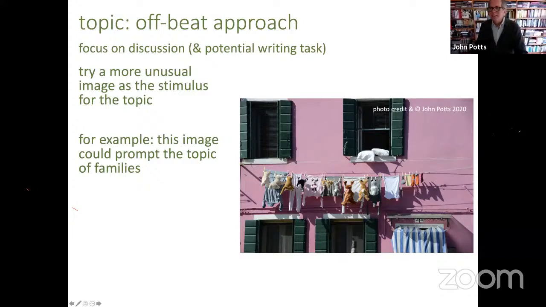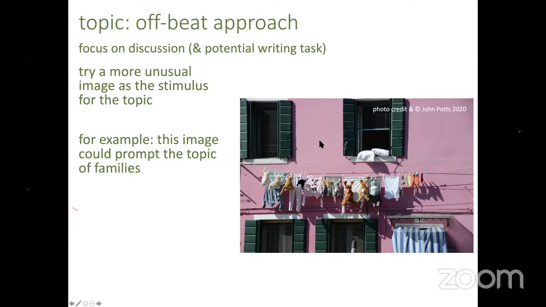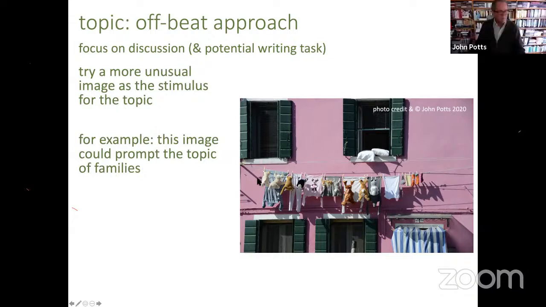Yes, someone's already come up with stuffed toys. Okay, so the topic could be, well, it could be the topic of families, couldn't it? There clearly seems to be a family here with their washing. But what else could it be? Well, I don't know. Some of the animals are upside down. Some are not. Some are the right way around. A family, yes.